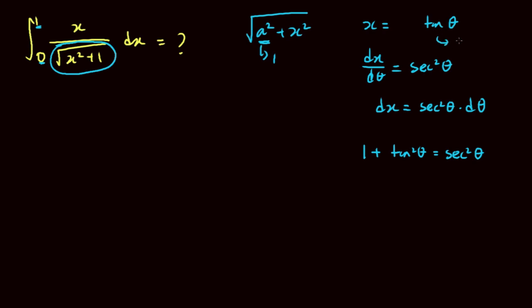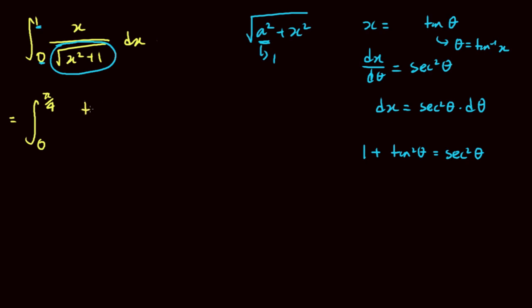Theta is just the tangent inverse of x, so our limits would now be: tan inverse 0 is just 0, and tan inverse 1 is pi over 4. Okay, great.